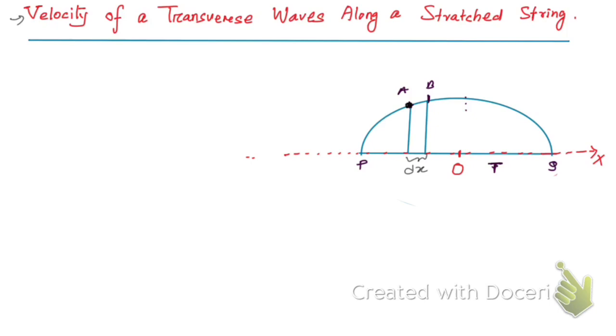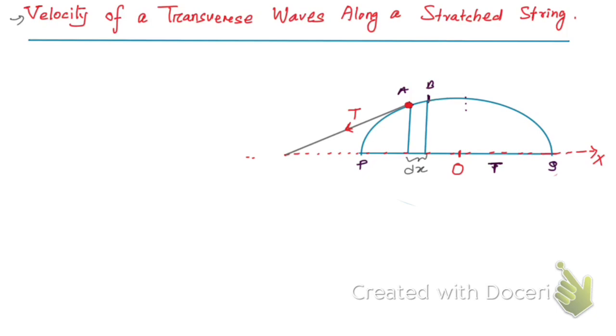If you draw a tangent here, in this direction the tension T on the string at this point A will be. And similarly at B, the tension will be in this direction. That again will be along the tangent at B, right?